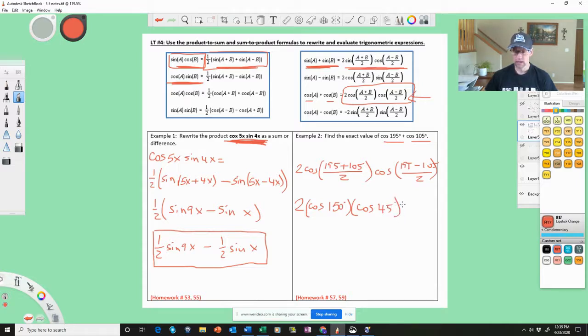So all I need to do now is look at my unit circle, and I see that the cosine of 150 degrees is negative root 3 over 2, and the cosine of 45 degrees is root 2 over 2. So now multiplying, these are going to cross out. I can get rid of those. And so on top, I'm going to have negative root 6 divided by 2.